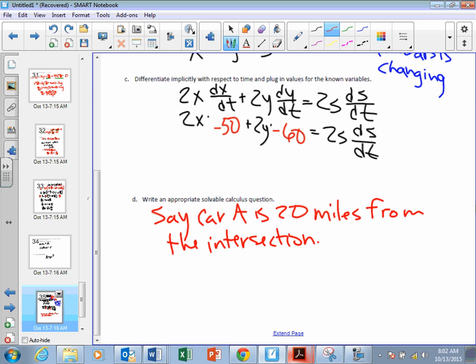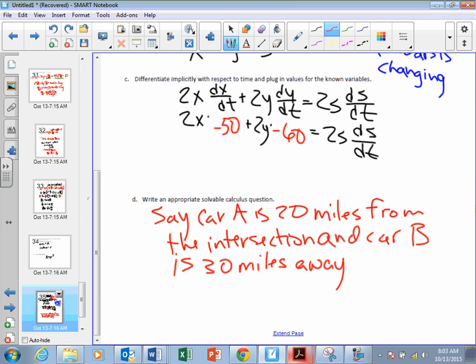Think about what variable that just gave right there. Which of these variables did I give away? I gave in my problem x, y, s, or ds/dt. That one right there is x. So if we know car A is 20 miles away from the intersection, we know x. And let's say car B is 30 miles away. Well, that's going to give us y. So there we have x and we have y.